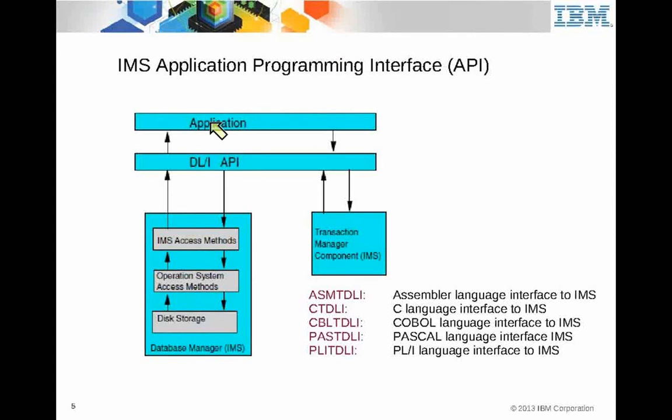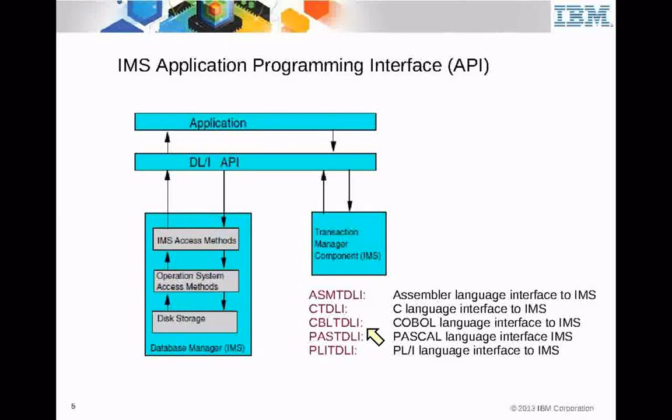Let me talk a little bit about the Application Program Interface. So you can write in different languages, and the Application Program Interface is known as the Data Language Interface. But what you do inside the application programs, let's say you're coding in COBOL, you actually use this thing called COBOL to DLI.